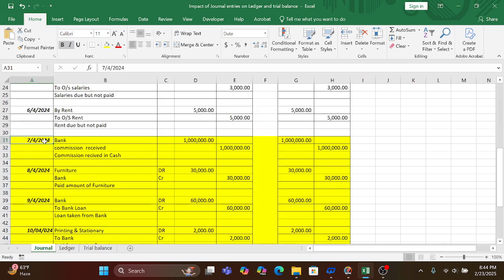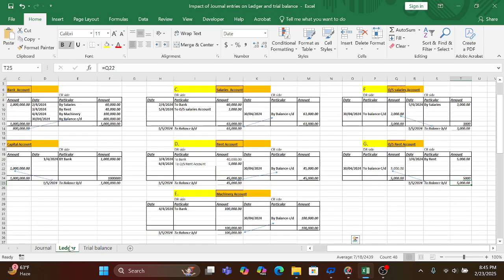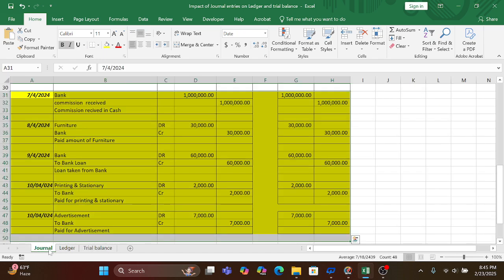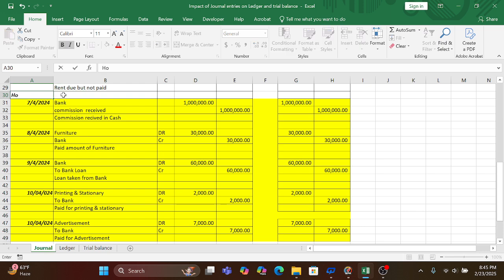I'm not going to post these entries in our ledger and trial balance. It is your homework that you have to make entries, and if you have any suggestions or comments, please let me know.